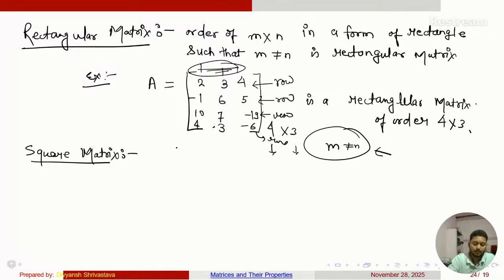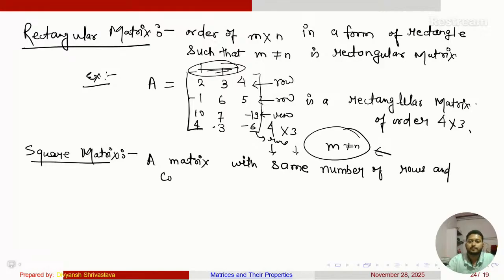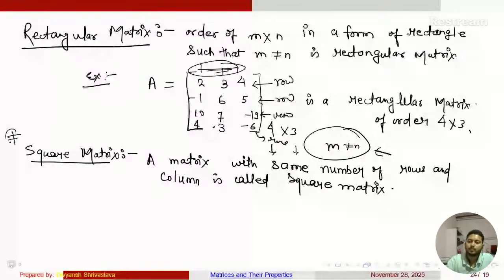A square matrix is nothing but a matrix with the same number of rows and columns. It is basically used in orthogonal matrices, because these matrices are very important for us.